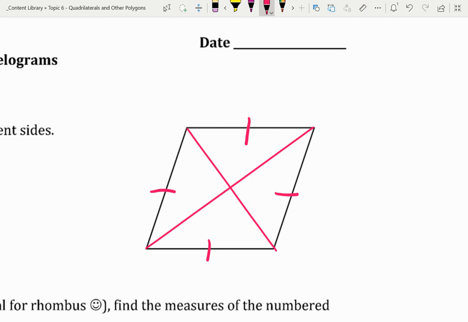We're close. All right. So cool thing about rhombi. Yep, that's how we call them when there's more than one. It's not rhombuses, it's rhombi. Okay. They are perpendicular and they are bisectors.